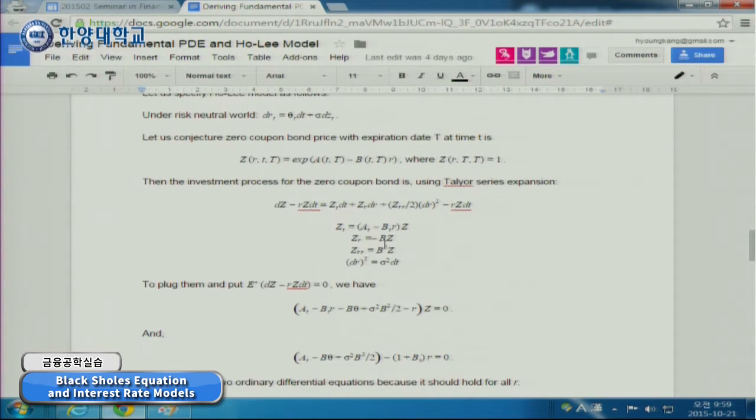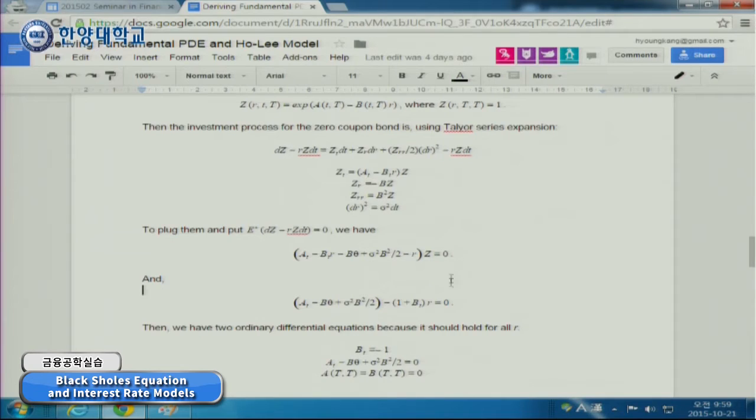Right? So we have this, and we plug everything together in the risk neutral world. This term is 0, and put r together. This is 0, and because this holds for all r, because we are finding z as a function of r, for all r, we are interested in the value of the bond. So this should be 0.